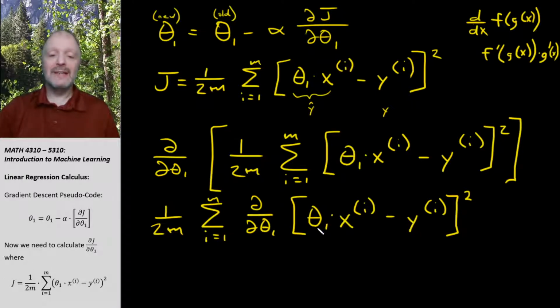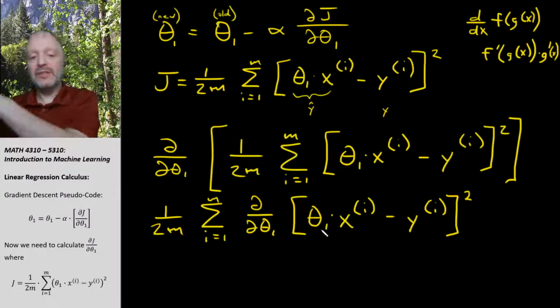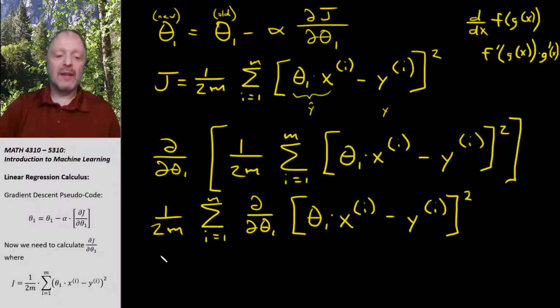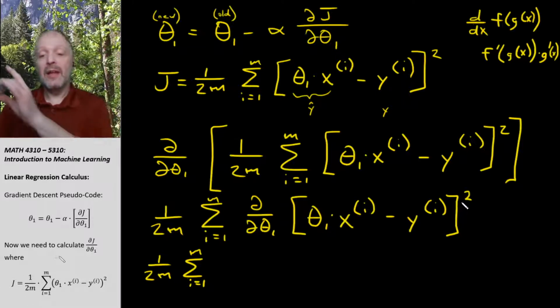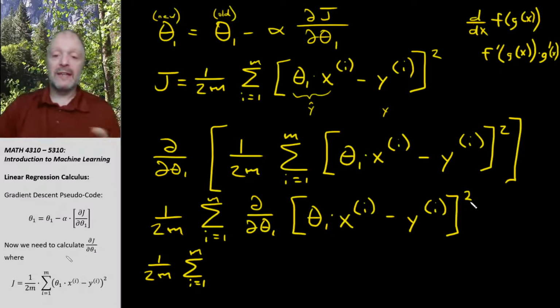So I need to do the power rule of the chain rule, and I'm going to get, here we go, 1 over 2m summation i from 1 to m of, okay, this becomes the derivative of the exterior with the interior untouched. So the power rule is going to kick in for the exterior.